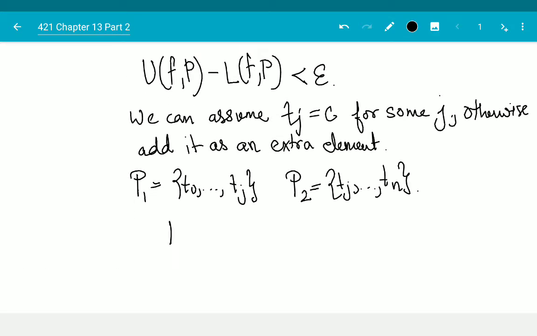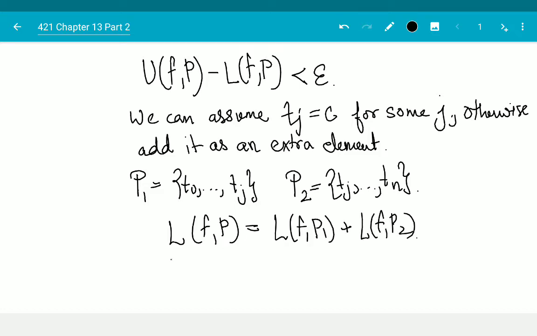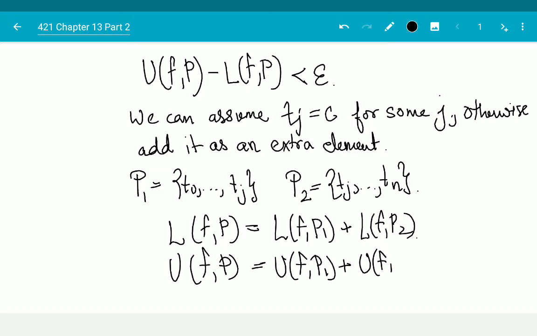Then the lower sum L(f,P) is equal to L(f,P1) plus L(f,P2), and similarly the upper sum U(f,P) is equal to U(f,P1) plus U(f,P2), right?